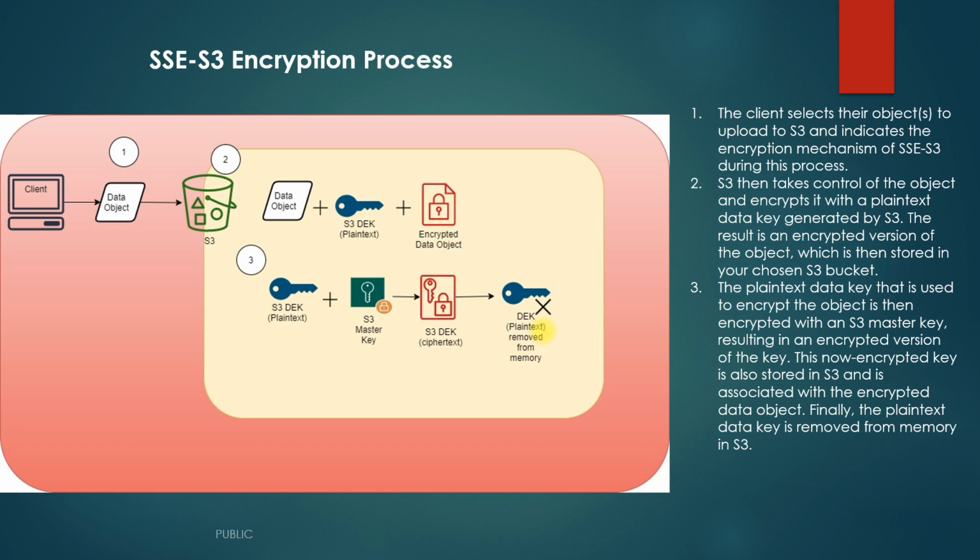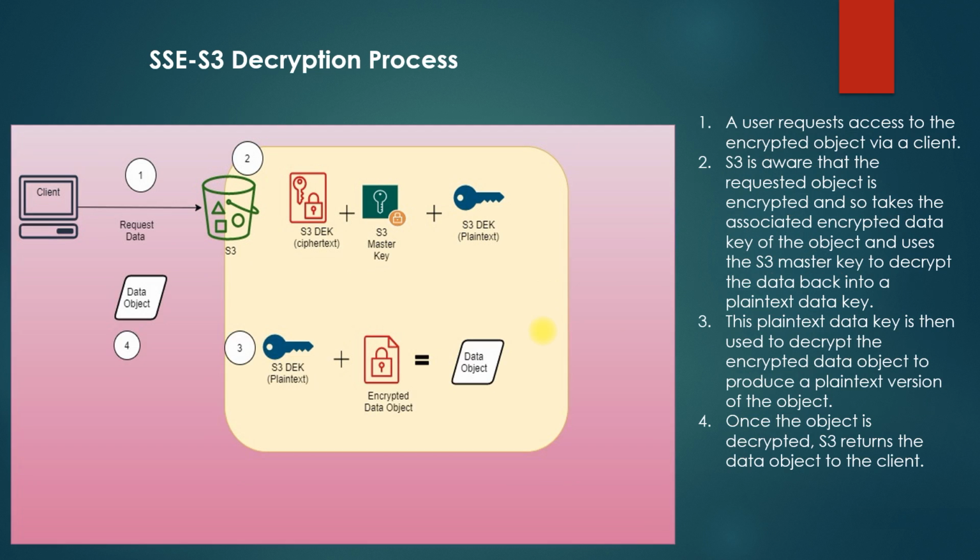So this is the first encryption mechanism, and now we will look at the decryption process for the same. For example, if a client requests data which is stored on S3, we already know that S3 stores our encrypted data object as well as the encrypted data encryption key.